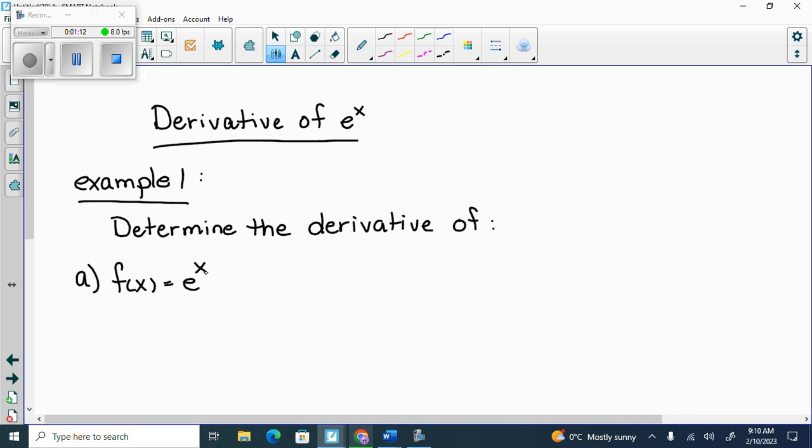So when we do anything with an e to the x, you take the derivative of it by rewriting it, ln the base, derivative of the exponent. So this works for e to the x, but it also works for any number to the x, because e is just a number, right? It's 2.718145, something like that.